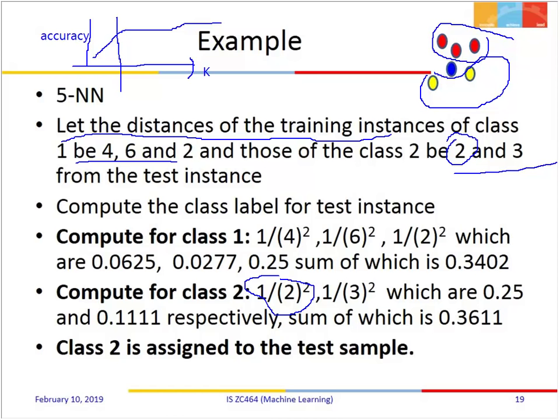So the input to class 2 is its distances. I mean those class 2 points which are nearest to the test data, their inverse distances or the inverses of the square distances. That is the criteria for class 2. And that is how we are getting this value 0.3611.